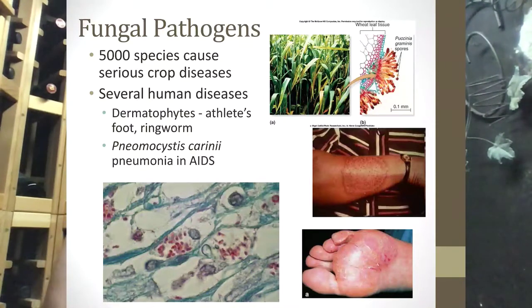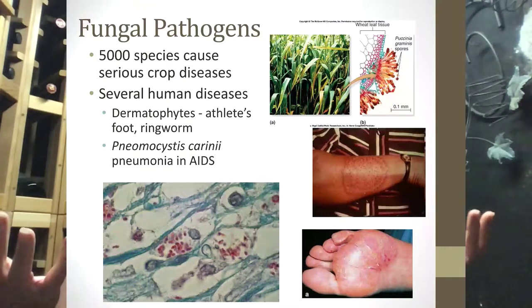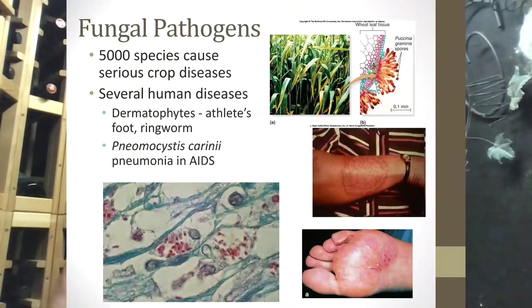There are some human diseases regarding fungus. Those that affect our skin, we would refer to those as dermatophytes. Some of you might be familiar with athlete's foot. We call it athlete's foot because it's commonly picked up in locker rooms.